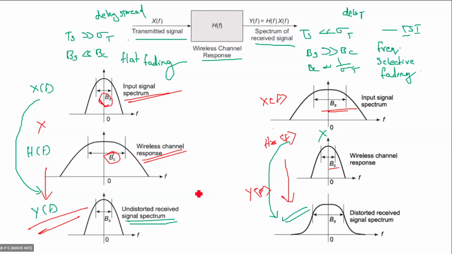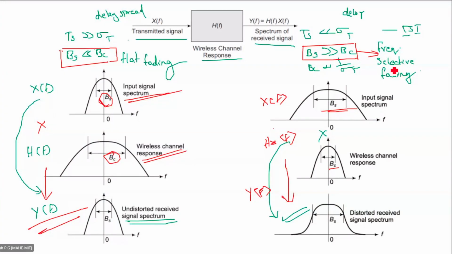So in terms of coherence bandwidth, if signal bandwidth is less than coherence bandwidth, then we have flat fading. Similarly, if signal bandwidth is greater than coherence bandwidth, then we have frequency selective fading.